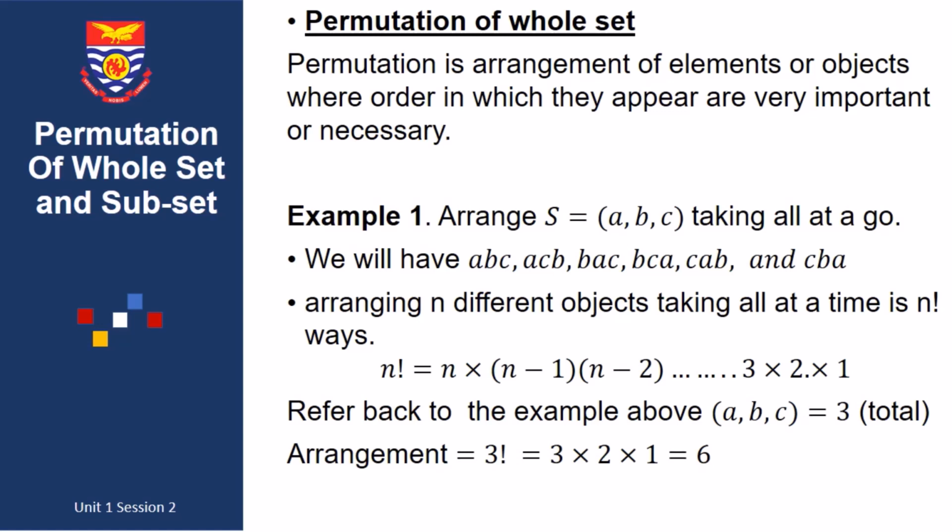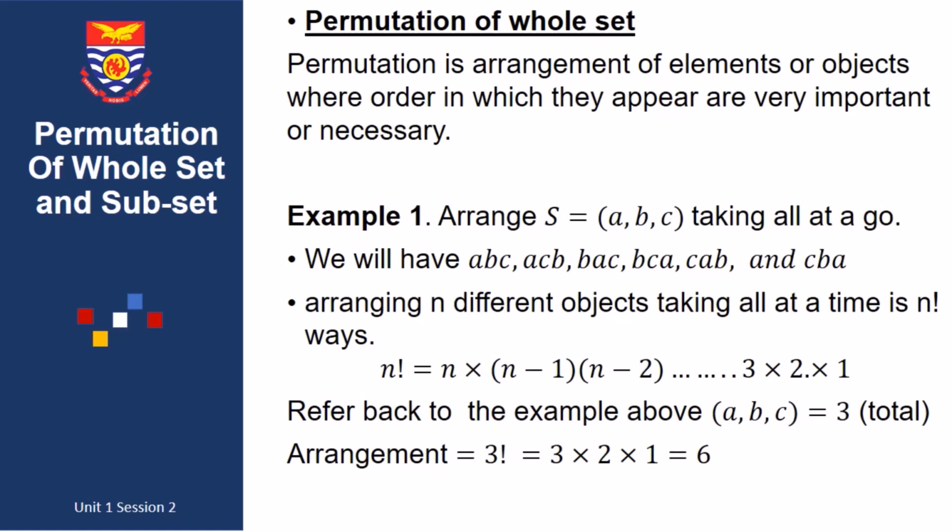Example 1. Assuming that we are supposed to arrange a set X containing elements A, B, C, and we are taking all at a go. Now, what are the different arrangements we could have with that A, B, C?